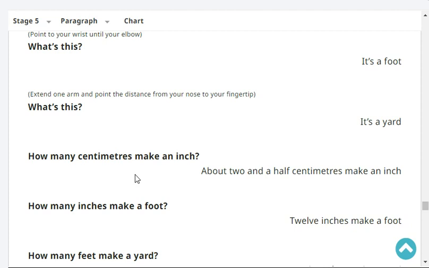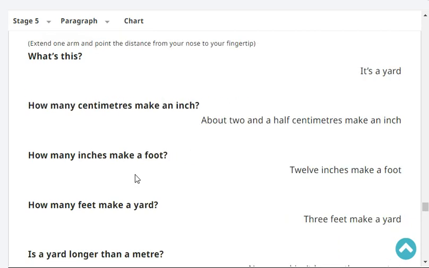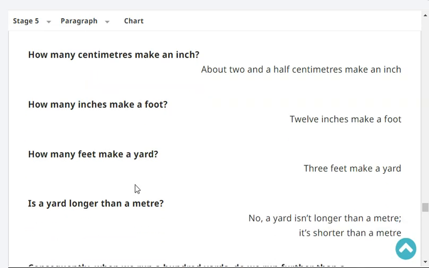Very good. How many inches make a foot? 12 inches make a foot. How many feet make a yard? 3 feet make a yard.